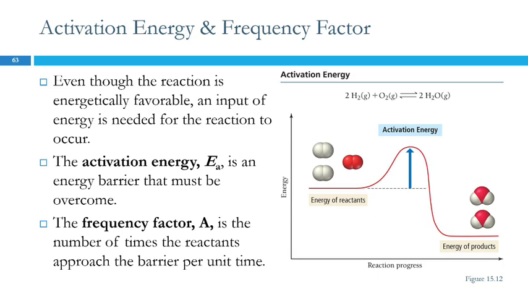It would be exothermic, right? But even if this is an exothermic reaction, energetically favorable, it may still require some energy. So now there's a hump in the middle, and this is known as the activation energy. This is a hump you have to get over before the reaction can proceed.